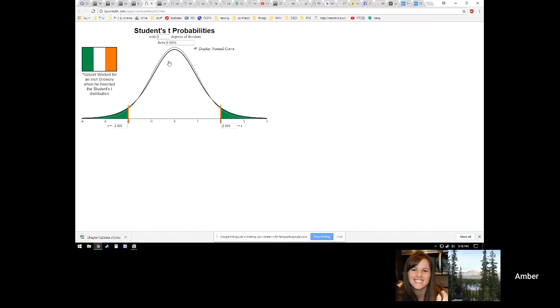So then we put 2 in for the t value, and then we put 8 in the degrees of freedom. And because it is the neither, you shade both sides. And we got 0.0805. So it's 0.081. Yeah.